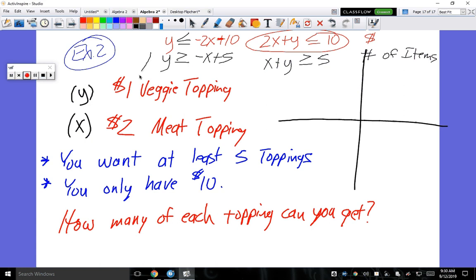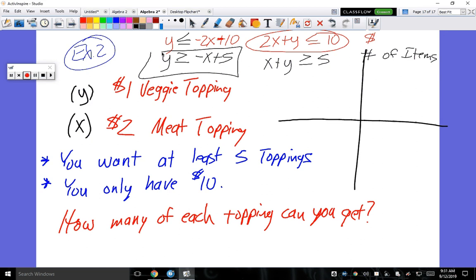Guys, look at this equation. I'm going to read it 2 ways. Y is greater than or equal to negative x plus 5. The other way is negative x plus 5 is less than or equal to y. Which one of those is correct? Got to listen carefully.